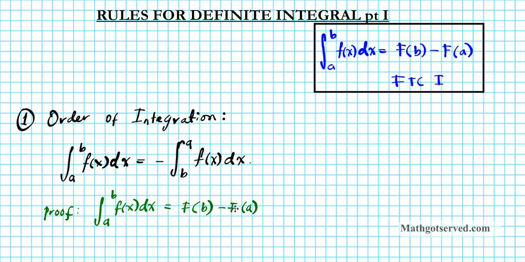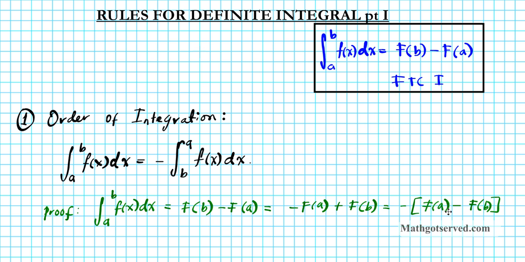Now what if we switch these two terms around? This becomes negative uppercase F of a plus uppercase F of b, or the antiderivative of f at b. Now, what happens if we factor out a negative from these two antiderivatives? This becomes negative bracket antiderivative of f at a minus antiderivative of f at b.